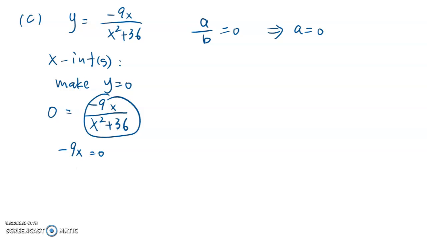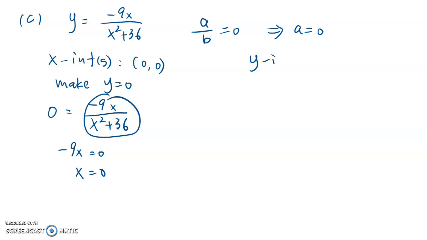Anyway, let's keep solving. X is equal to 0, so we have one x-intercept, which is 0, 0.